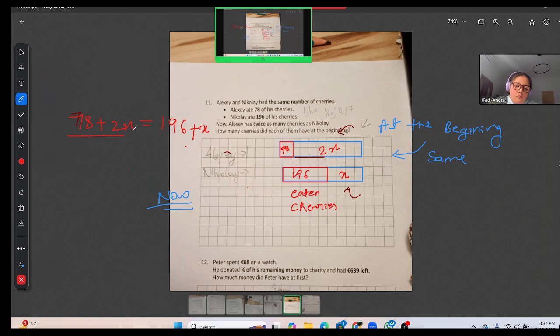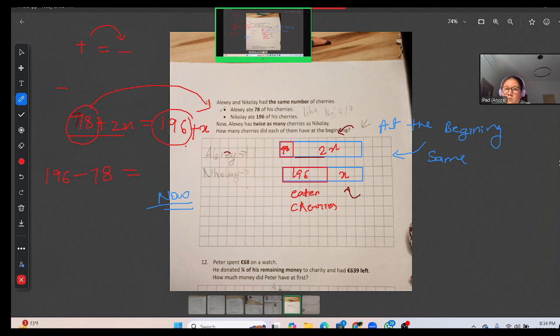What you would do here is, you have 78 and 196, so we can just shift the numbers. If you take any number to the other side of the equal sign, it becomes negative. If this is a positive number and you take it to the other side of the equal sign, it becomes the opposite. 78 is positive, so it will become minus 78.